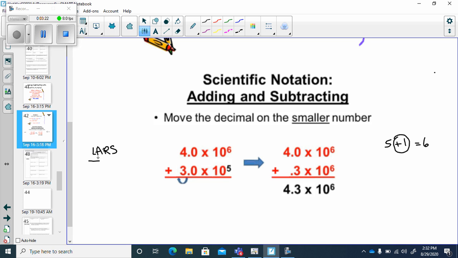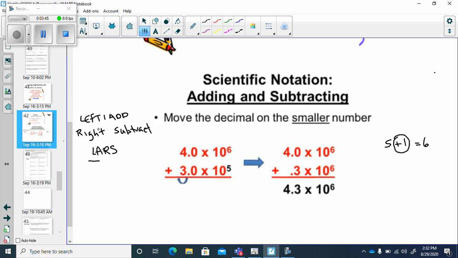If you add, remember this thing goes this way. Left, add, right, subtract. To get from 5 to 6, I've added 1 on that exponent.